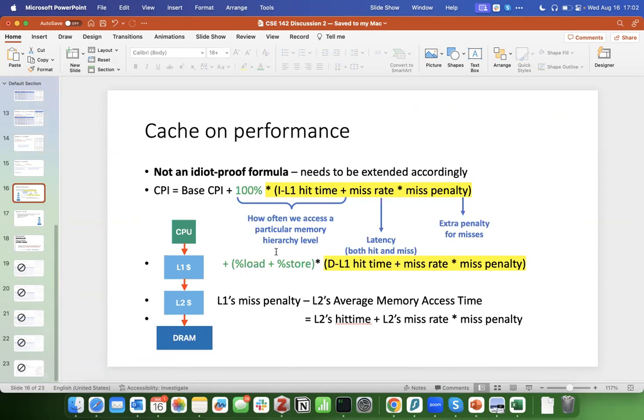There are always going to be these terms no matter what. In this case, rather than doing a percentage of everything, we're just going to do base CPI plus I CPI. We always have these components.